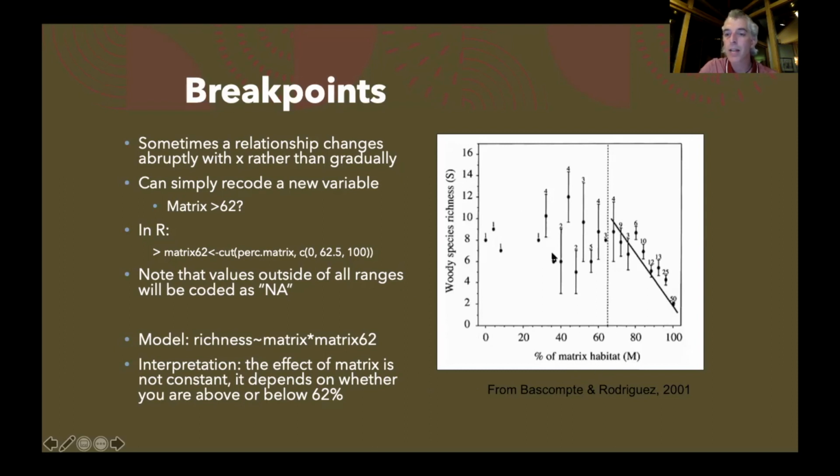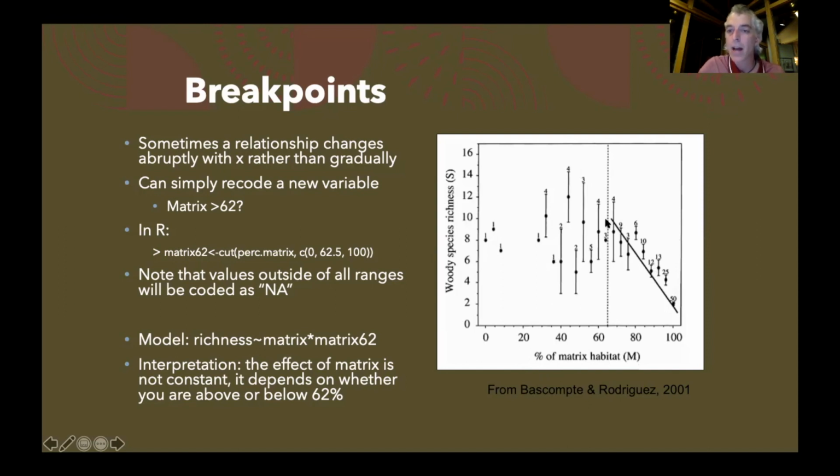Now we can represent this sort of breakpoint in a linear regression using general linear models, just like we've done before. The only trick is that instead of having a continuous predictor of the percent of matrix habitat, as we're predicting the woody species richness on the y-axis here, we need to create a new variable which tells our model whether we're in this zone down here below our threshold or this zone up here above our threshold.